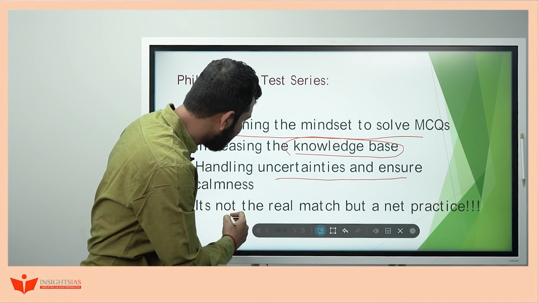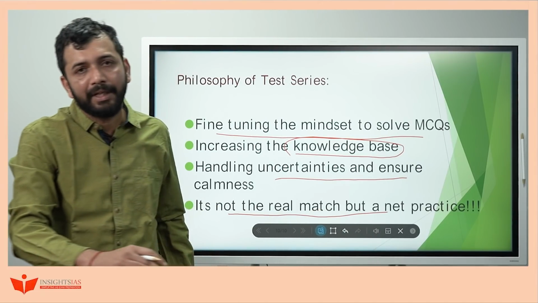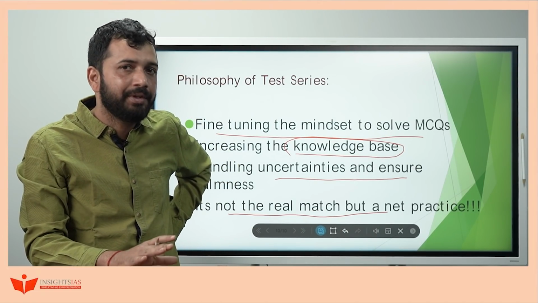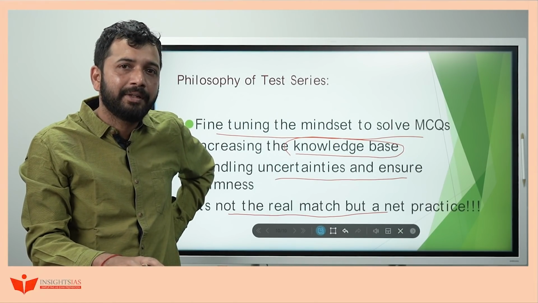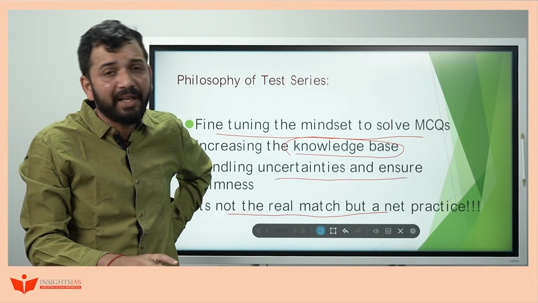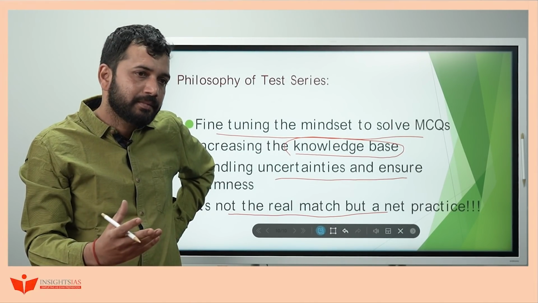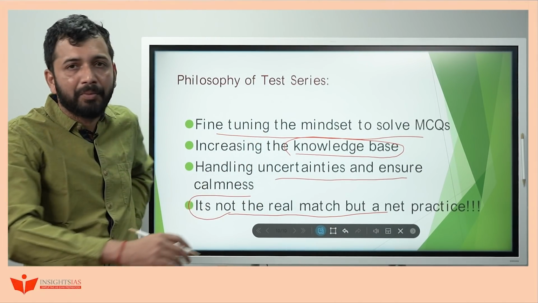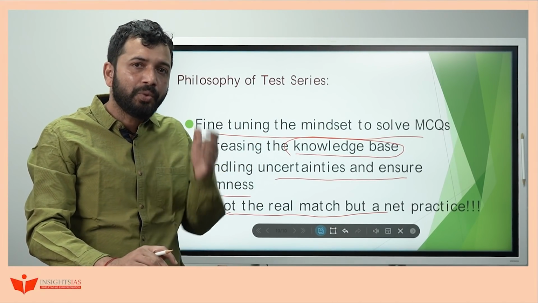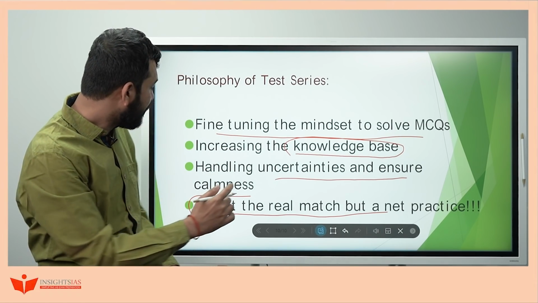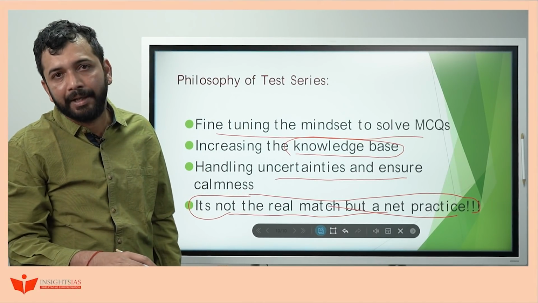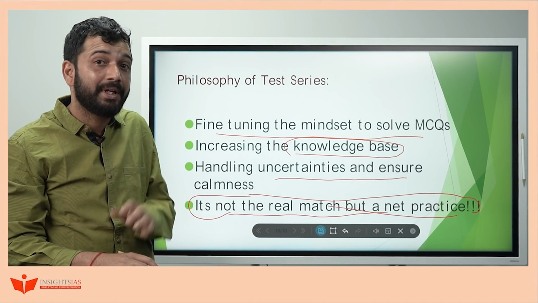And the final thing is, it is not the real match but the net practice. This is a very important thing I always emphasize. What is net practice? Let's say Ganguly was having a problem with bouncers. He can practice bouncers in the net, so that he can perform better in the real match.